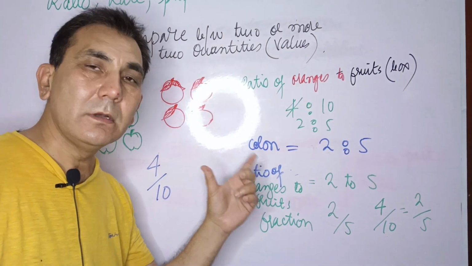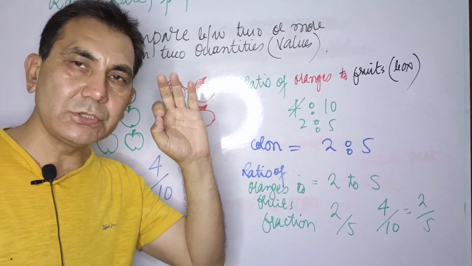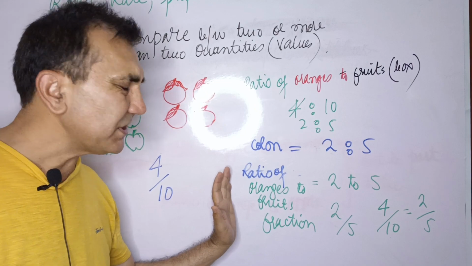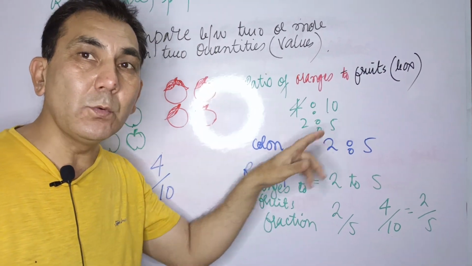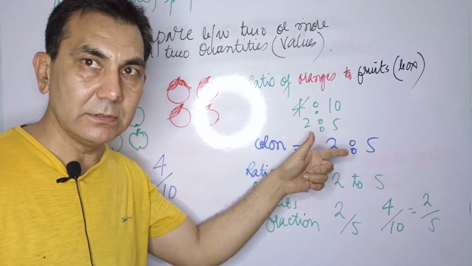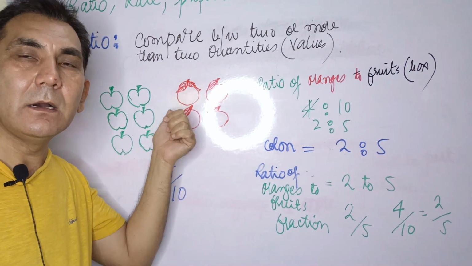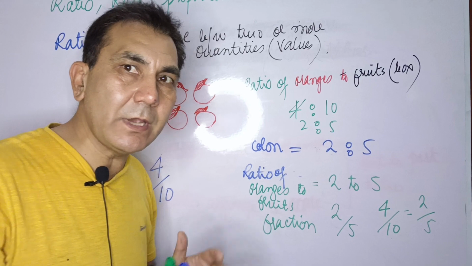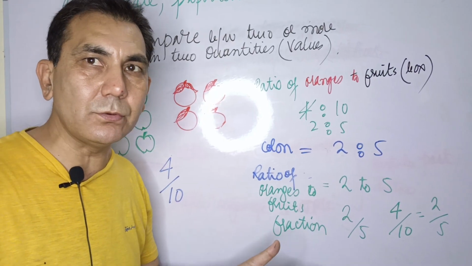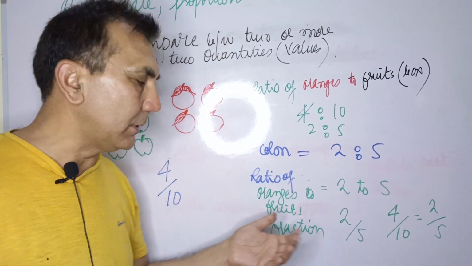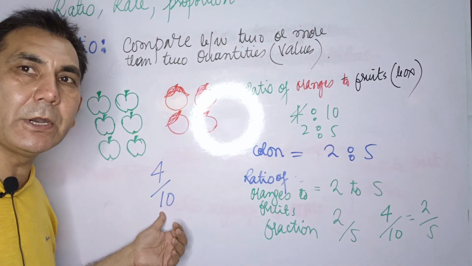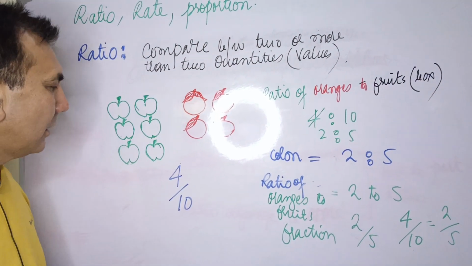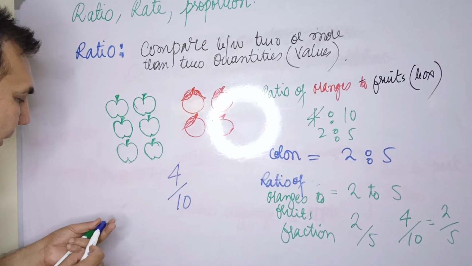The ratio: keep in mind which item's ratio you want to calculate. It comes in the upper level, and from the number below it you calculate the ratio of that particular item. It comes in the numerator, and the other in the denominator. Now what is this numerator?